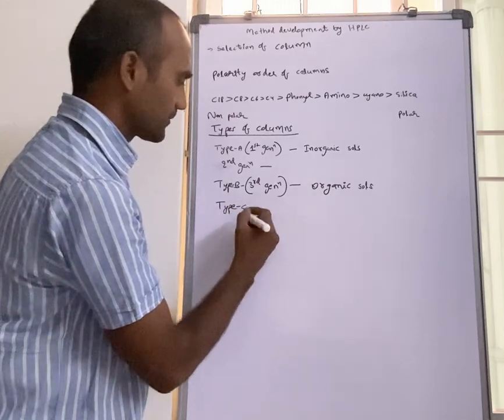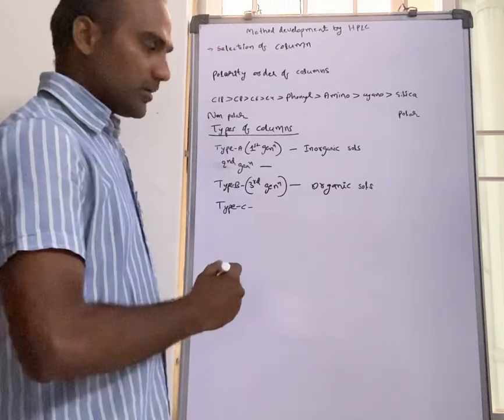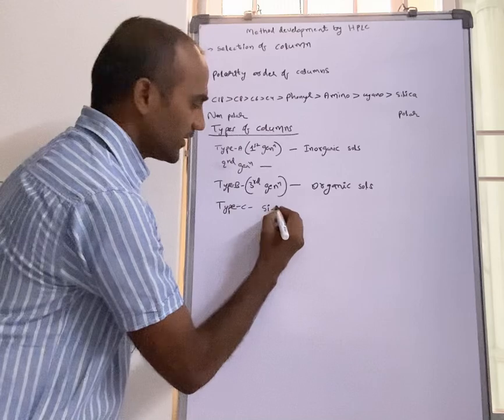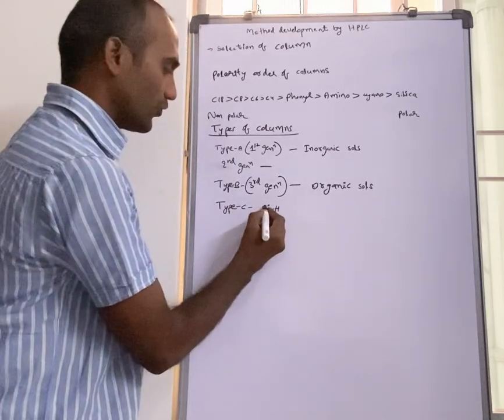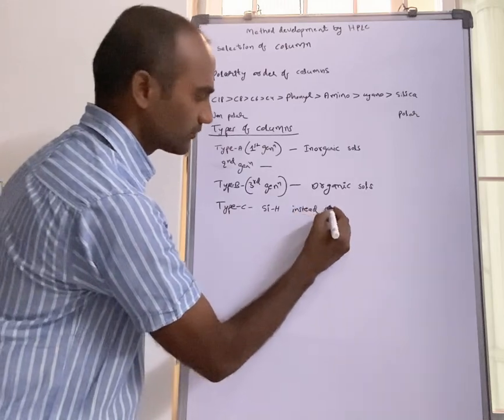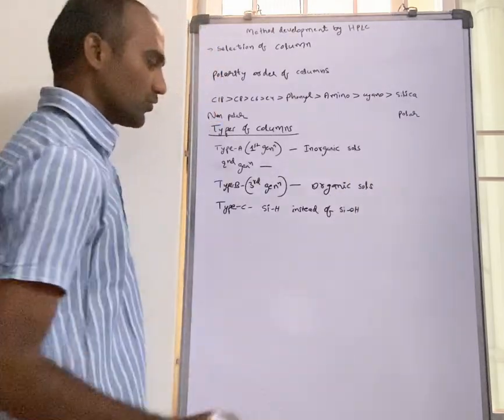So type C. Type C columns contain SiH, silicon hydride groups instead of SiOH, silanol groups.